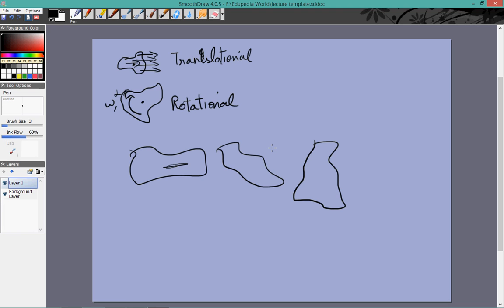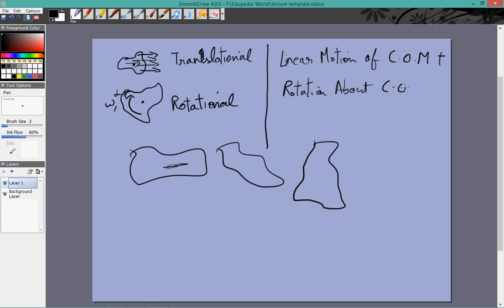So there's a theorem in advanced physics, I'll not prove it now, but it basically says that every motion which is a combination of rotation and translation can be decomposed into the linear motion of the center of mass plus a rotation about the center of mass.